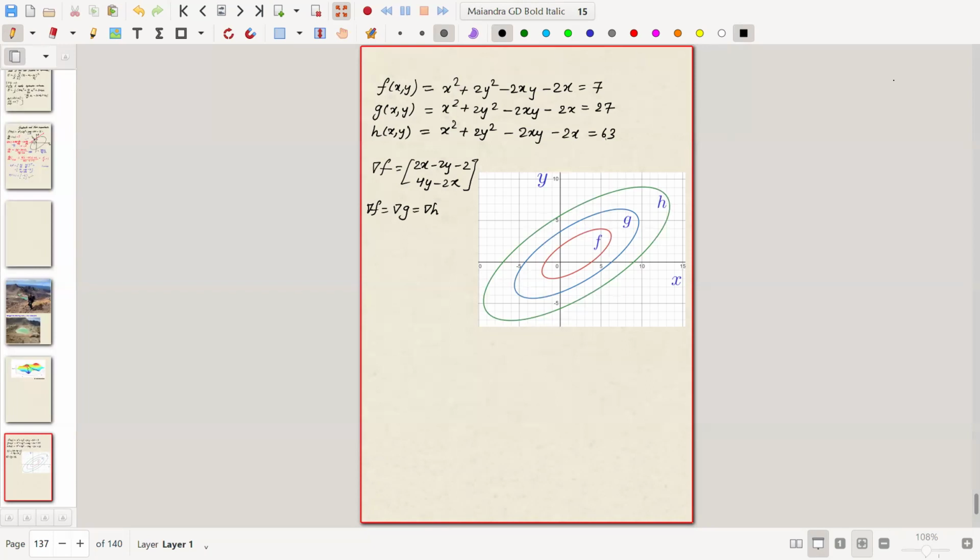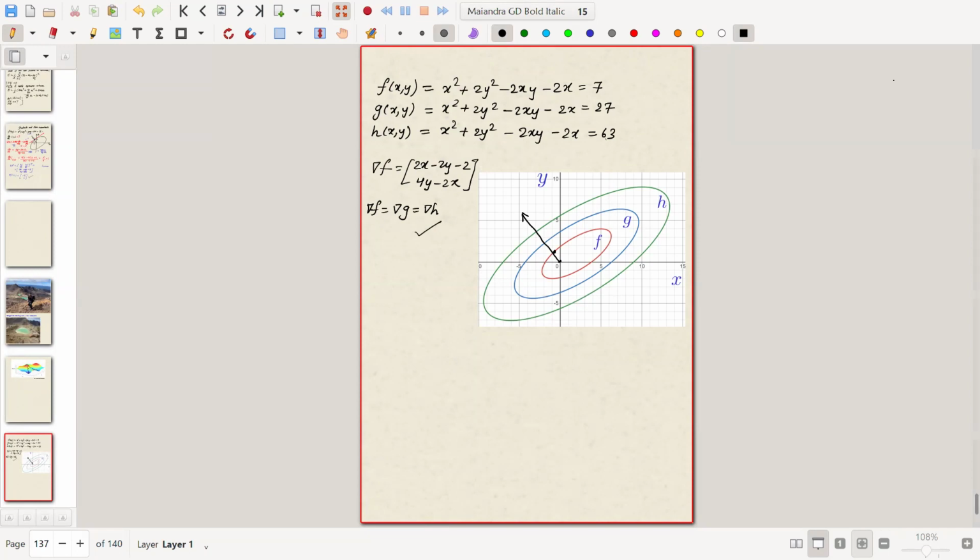Okay, what does it mean? Like we found that (-1, 1) was here and we drew a tangent and a perpendicular to that, which was the direction of the gradient. But now we are saying that the gradient of f, gradient of g, and gradient of h are the same. That means all will have this direction.